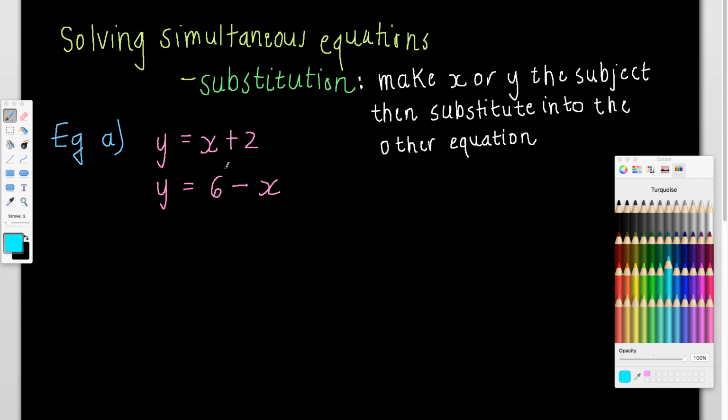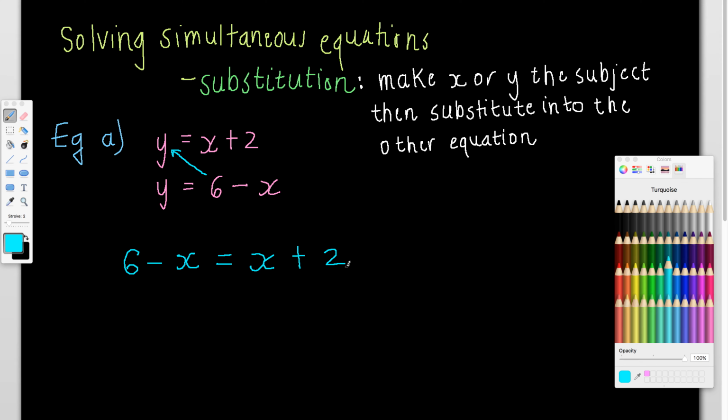So if I take this part, 6 minus x, I know that that's what y is equal to, and I substitute that in for y in my other equation, you'll see I'm basically making these equal to each other. So you can see I'm having great difficulty getting my pen to work.